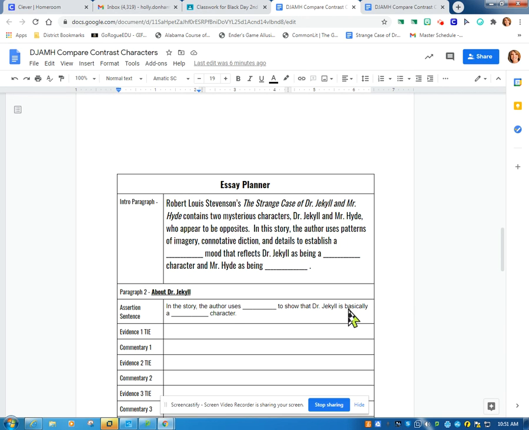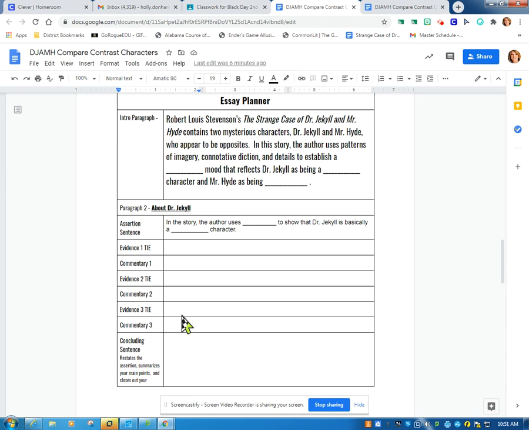And then Dr. Jekyll is basically a blank character. Again, use your synonym finder to find another word different from here that tells that he is basically a good man. Okay? And then here's where your evidence goes. Evidence 1 goes here with quotation marks and page number.